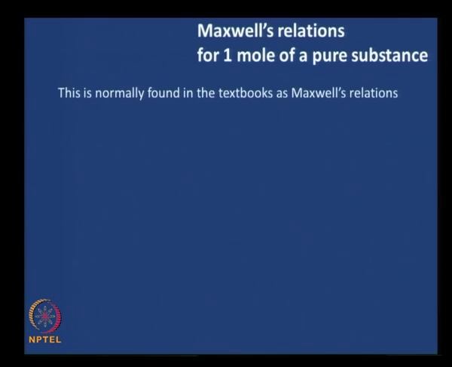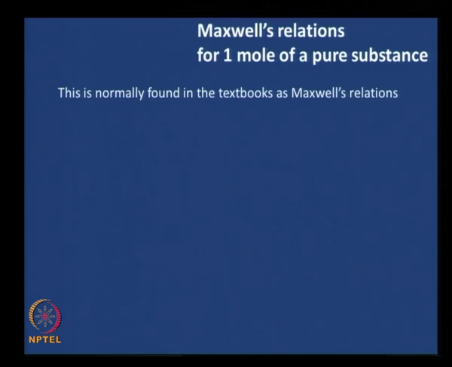We started with a slightly more general set of relations. The Maxwell's relations that we have written down so far are valid for any system, any pure substance, irrespective of the size of the system or the number of moles in the system.